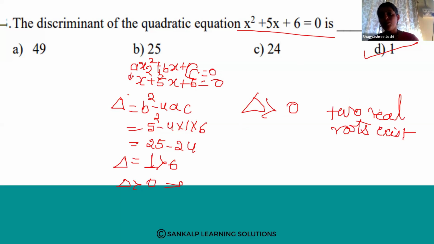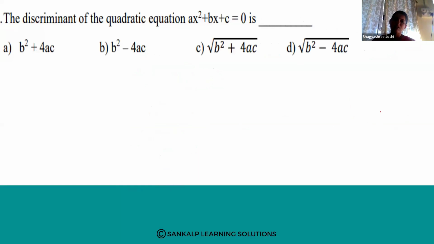Here they may ask you the nature, or they may ask about the discriminant also. The discriminant of the quadratic equation ax square plus bx plus c equal to 0 is. Tell me which one is the discriminant here: b square plus 4ac, or b square minus 4ac, or square root of b square plus 4ac, or square root of b square minus 4ac.